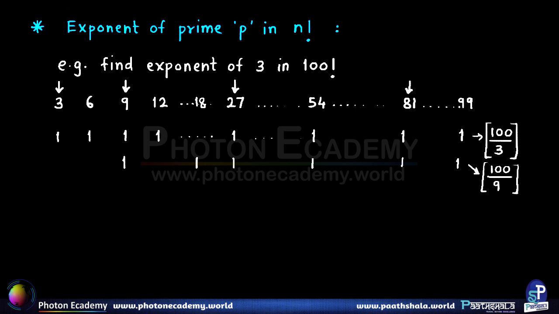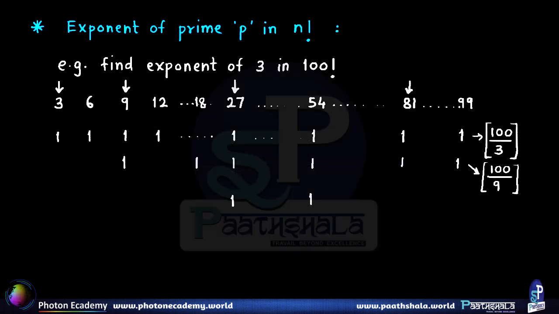Now let's go one step ahead, that is, looking at the cube of 3, which is 27. The multiples of 27, which are 27, 54 and 81, are the only 3 multiples of 27 which are less than 100.